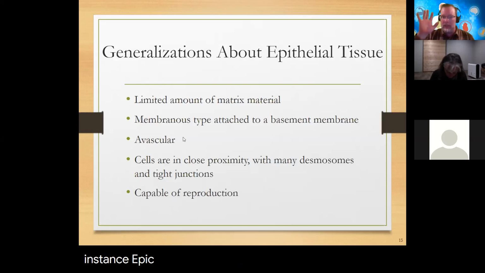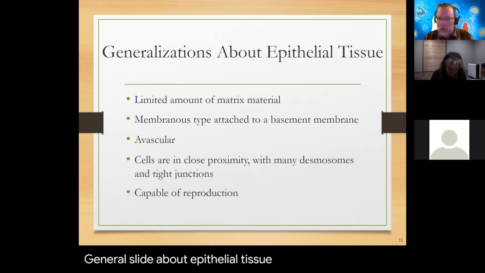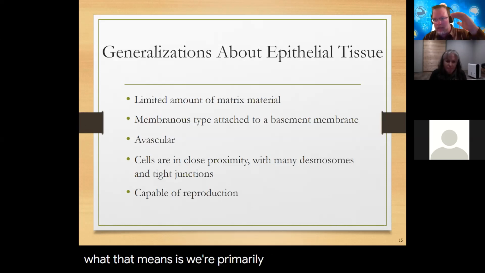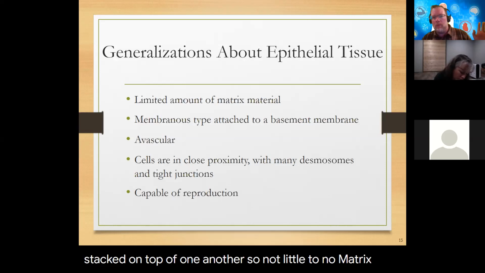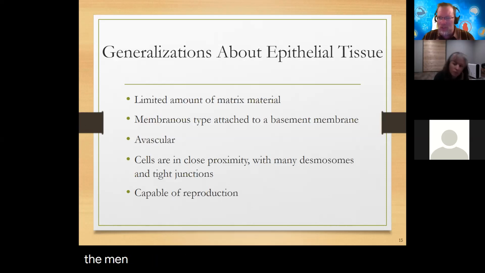Okay. Epithelial. All right, so this is the big general slide about epithelial tissue. Limited to no matrix. What that means is we're primarily dealing with cells that are stacked on top of one another. The membranous epithelium, which is mostly what we're going to be talking about, has what we call a basement membrane.